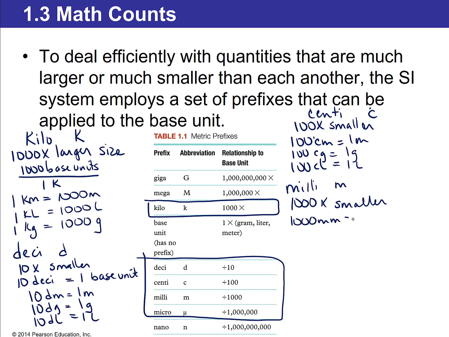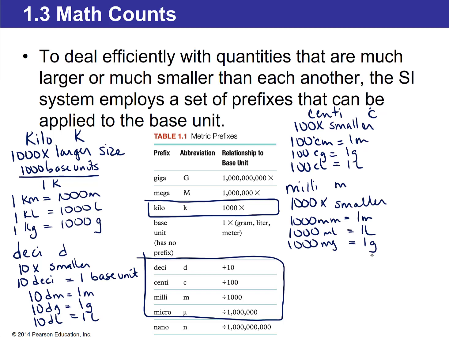1,000 millimeters is 1 meter. 1,000 milliliters is 1 liter. And 1,000 milligrams is 1 gram. So milli gets 1,000 in front of it to create this equivalent value. Notice the difference between milli and kilo.